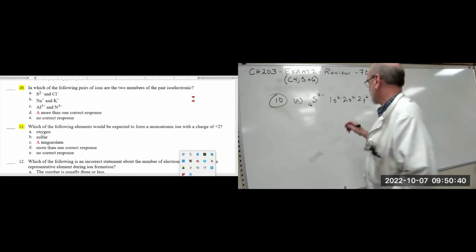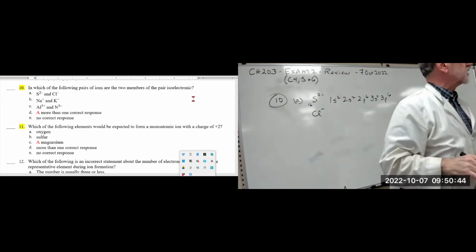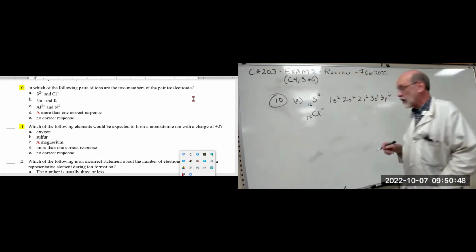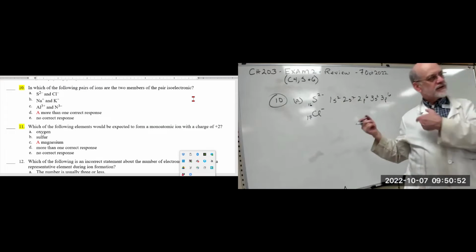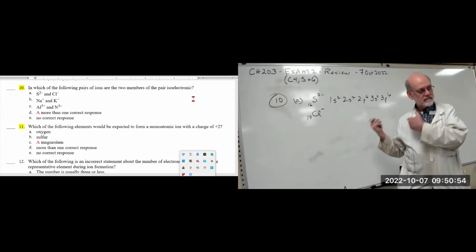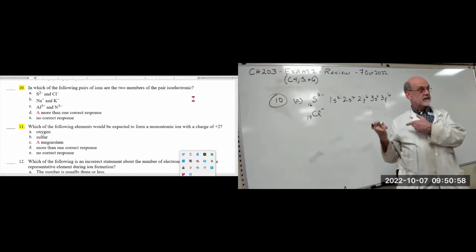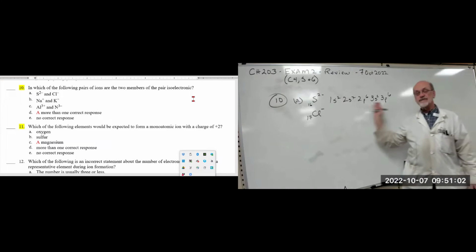Okay, how about chlorine? How many in chlorine? 17. Okay, here's a quicker way to do this. What are these elements doing when they add or subtract electrons? They're trying to look like noble gases, right? That's a noble gas because everything is full.